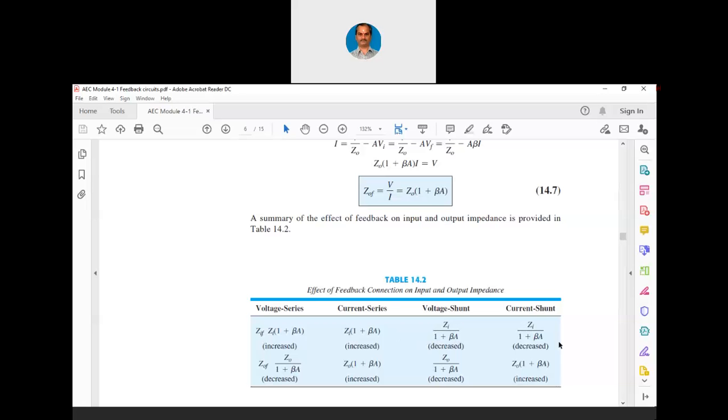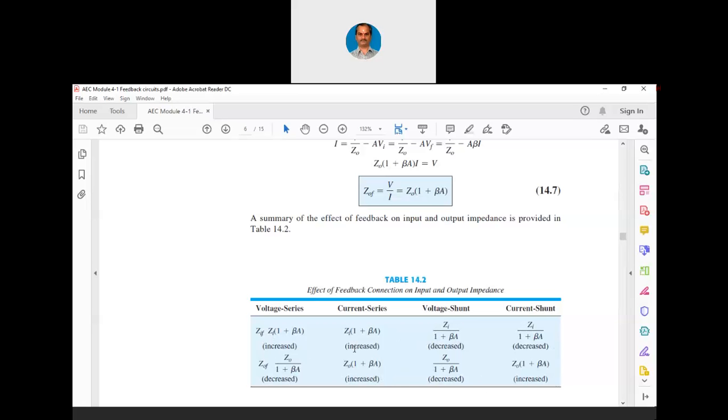This we will see later on. Now the output impedance is reduced in case of voltage series, but output impedance is increased in case of current series. Output impedance is reduced in case of voltage shunt. Output impedance is increased in case of current shunt.